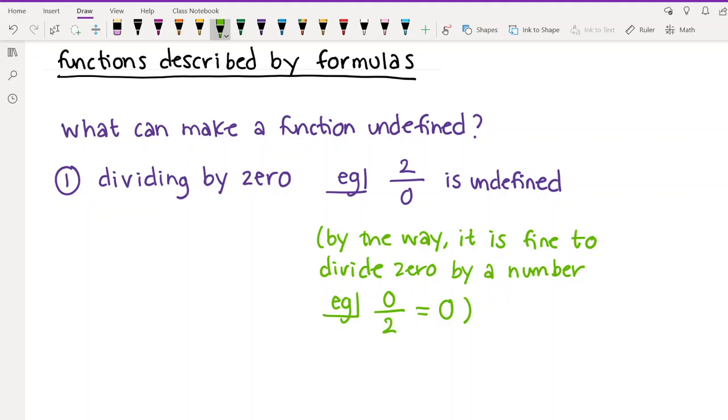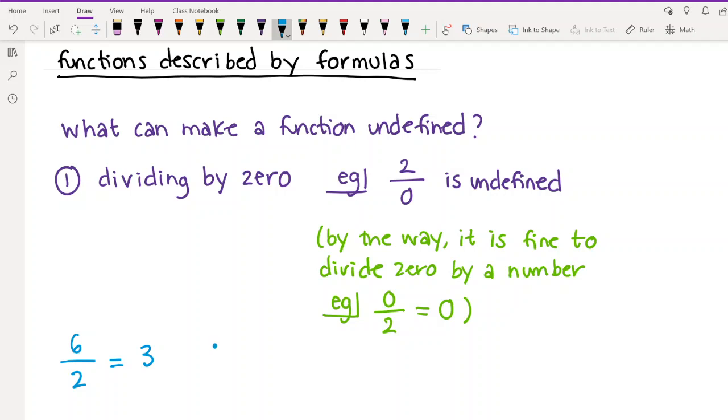And if you're trying to understand why that is, basically, dividing is like asking how many times a number fits into another number, right? For example, 6 divided by 2 is equal to 3. Why is that? Well, it's because you can fit 3 copies of 2 into 6.